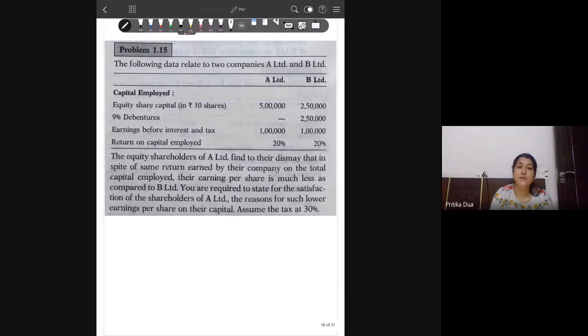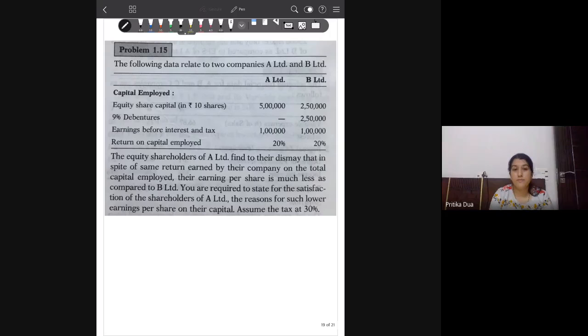Now that is given to you in the question. You will be requiring the EPS first to comment on the situation. You are required to state the reason for such lower EPS, which will be the dissatisfaction of the shareholders of A Limited, assuming the tax rate to be 30%, and you are given the EBIT for both the firms.